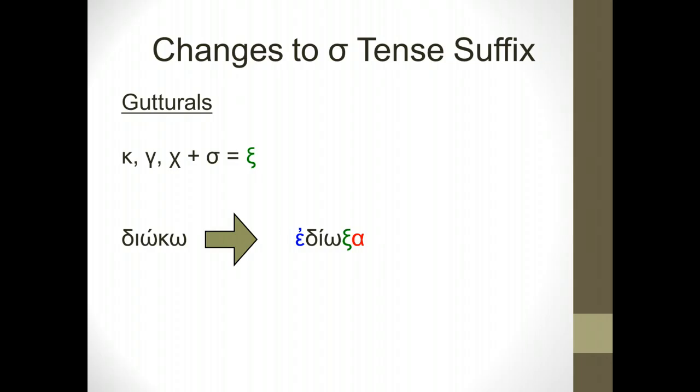So our example here, we have dioko, which when it is put into the aorist tense, it has its augment with its sigma suffix, then transformed into an xi with its alpha ending. It becomes edioxa. Dioko meaning I pursue or persecute. So in the aorist tense here, we have an aorist active indicative, first person singular, I pursued or I persecuted.